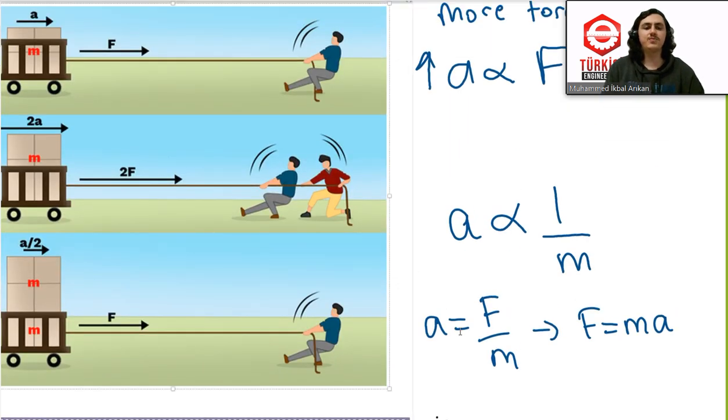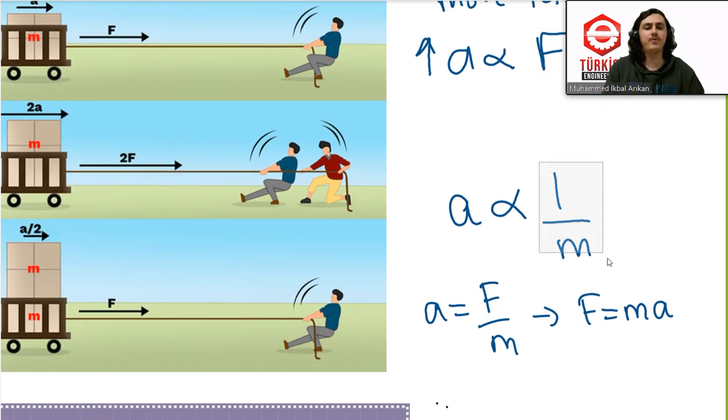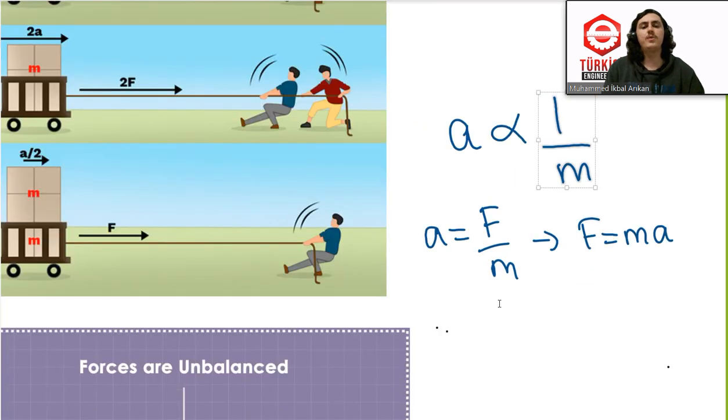So I will get this one. As you see here, a equals F, and here a equals 1 over m. When you combine these two, you will get a equals F divided by m. Or if you are searching for the force, you will get F equals ma. Actually, this is the second law. F equals ma.